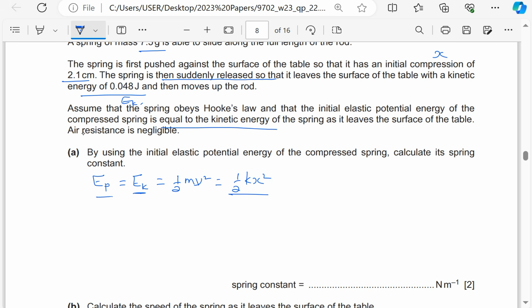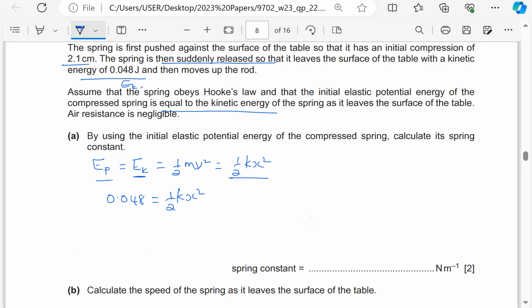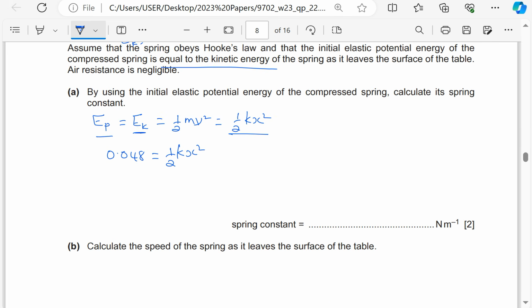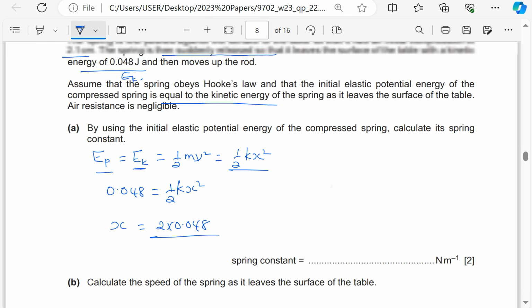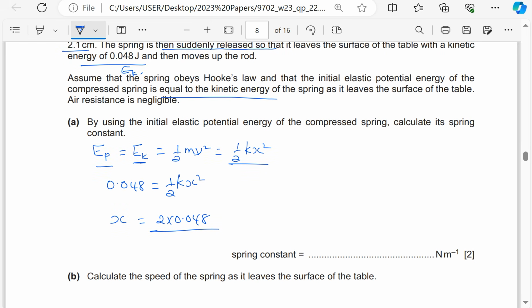So the initial kinetic energy, 0.048, is equal to the elastic potential energy, which is half kx squared. We want to find the spring constant for that compression. So x squared is going to be 2 times 0.048 divided by k. We want to find k. So k is equal to 2 times 0.048 divided by x squared.